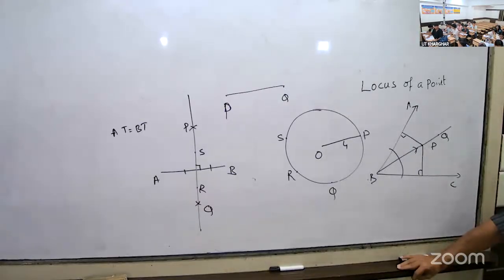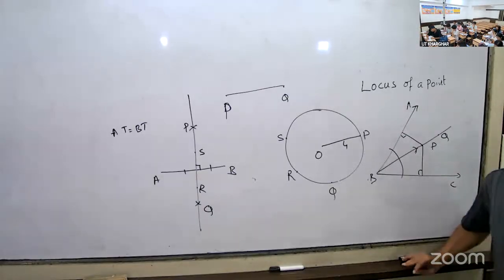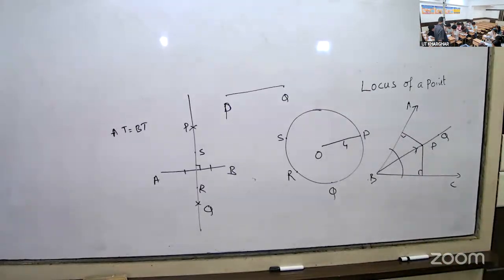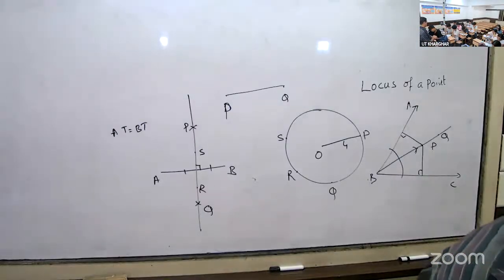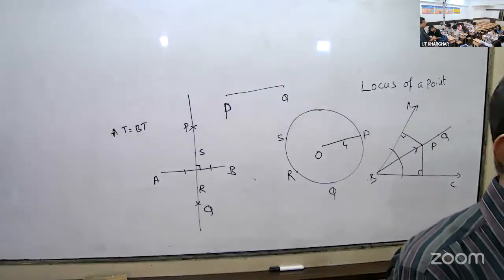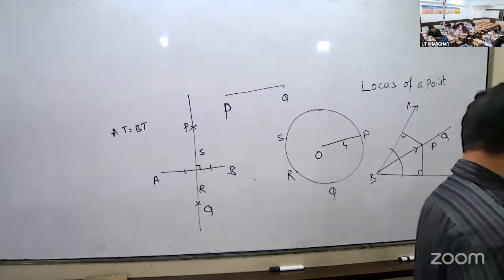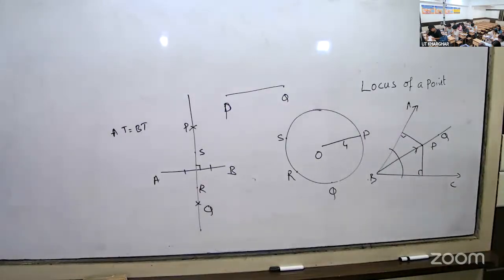Locus of a point equidistant from two given points is the perpendicular bisector of the line segment joining the two given points.